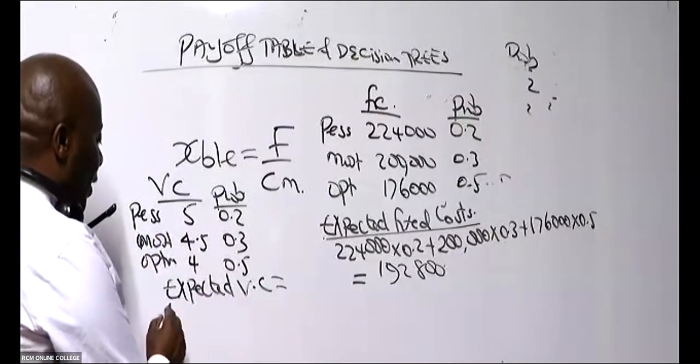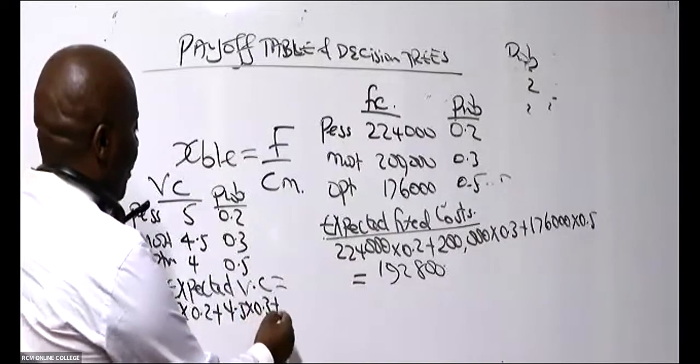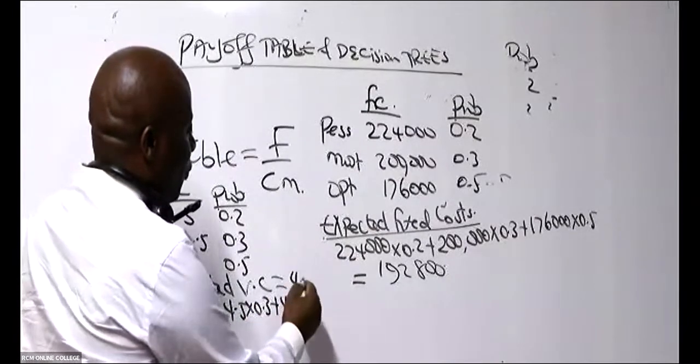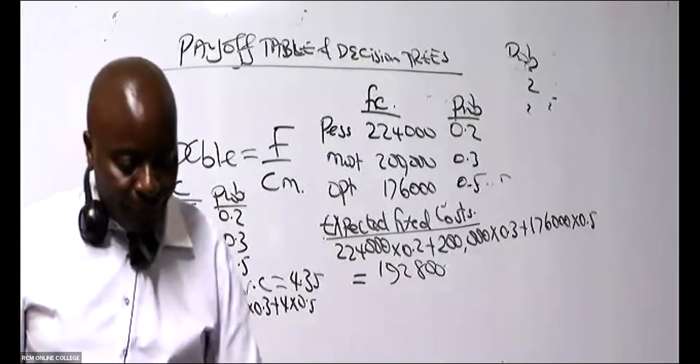So it will be 5 times 0.2 plus the others times 0.3 and so on, which gives me 4 point something. The online guys are telling me it's 4.35.